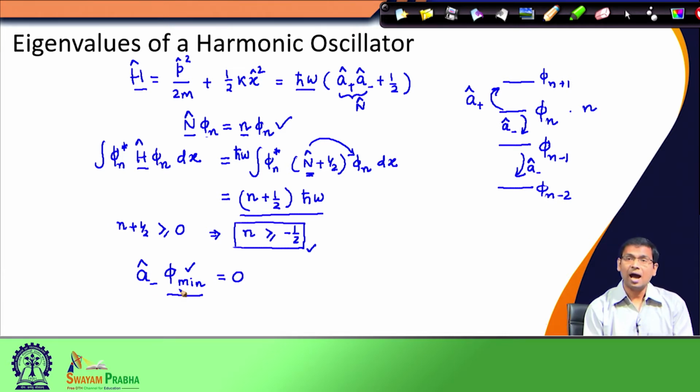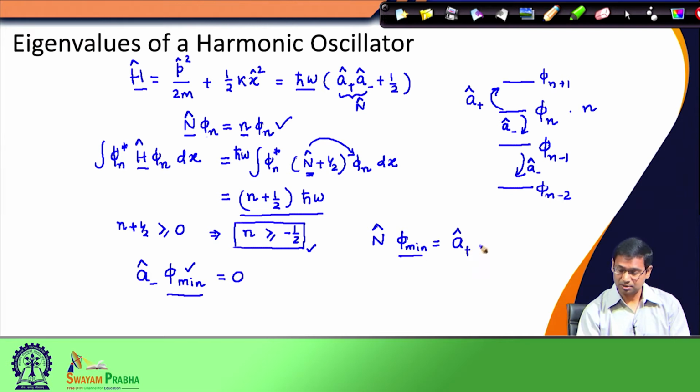Now, what is the eigenvalue? This phi minimum is the lowest eigenfunction of operator n. The question that we are asking is what is the eigenvalue corresponding to it. If you remember, n we have defined just here as the A plus A minus operator, the step up step down operator, and then we are applying phi minimum here.